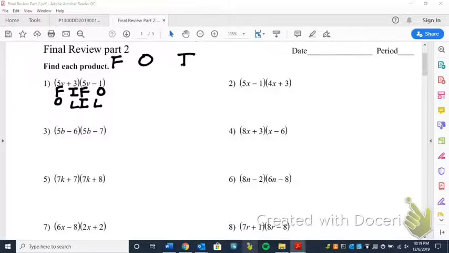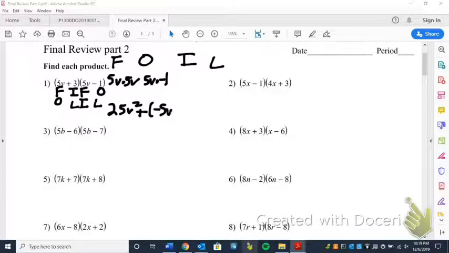So now what we're going to do is add all those together. So our F's are 5v times 5v, or 25v squared. Our O's are 5v times negative 1, or negative 5v. Our I's are 3 times 5v, or 15v.